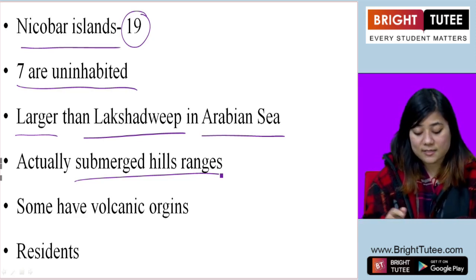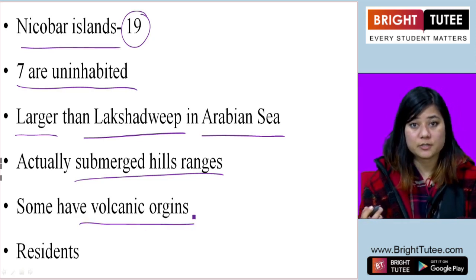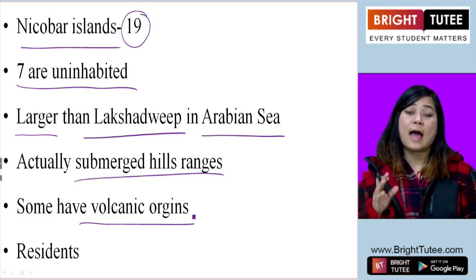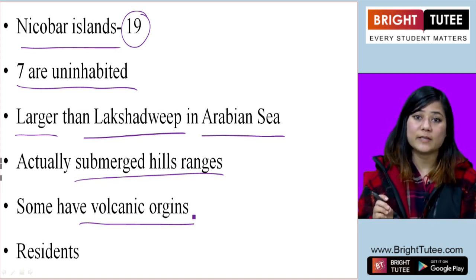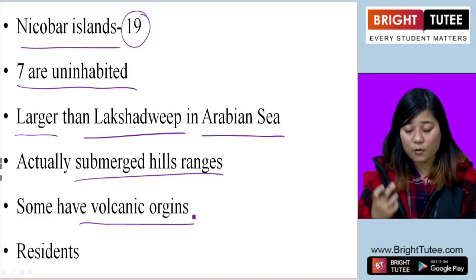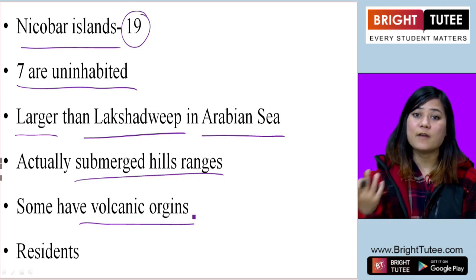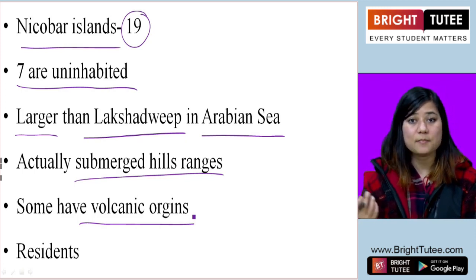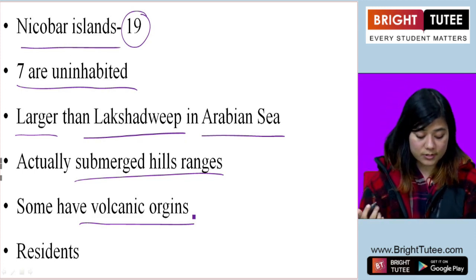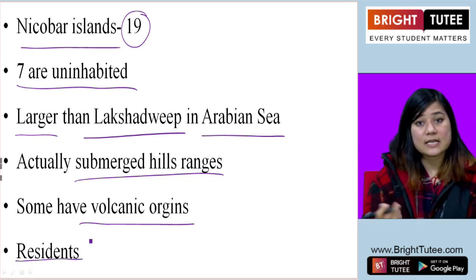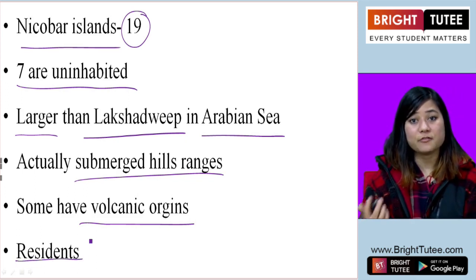Some of these islands also have volcanic origins, meaning some of them have had a volcanic eruption, a volcano, or active or dormant volcanoes, okay, where lavas used to erupt at some point, but today they are not. Now, who lives in Andaman and Nicobar Islands? Who are the residents?